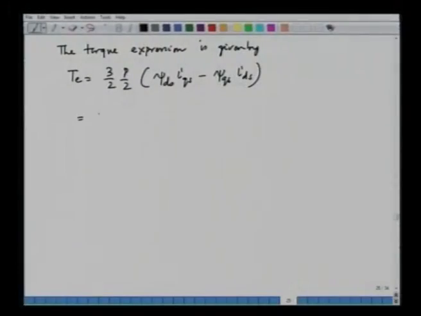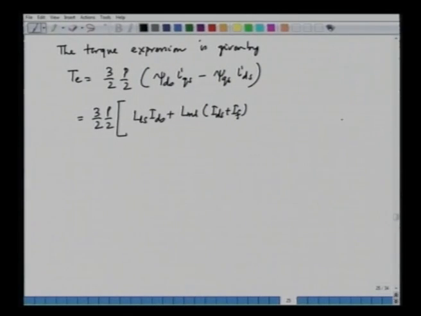So, we can replace the psi ds by LLS into IDS plus LMD into IDS plus IF, because the damper winding currents are 0.